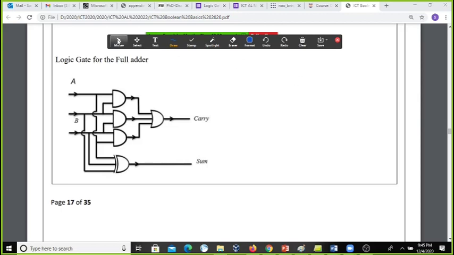Is it clear? So then basically at the end you must remember sum is equal to which one?